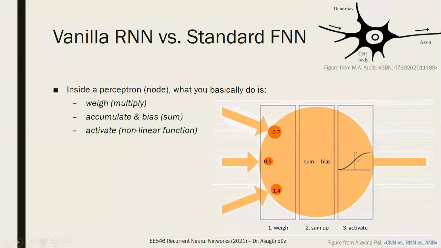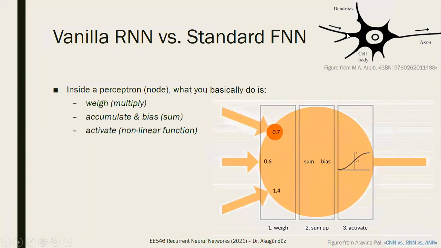In the cell body, the activation takes place. It was connected to many inputs and we had an output. So the perceptron was the simple mathematical idea of a neural cell in which we did three operations mainly. Weigh each input with some value, which corresponded to the thickness of these dendrites.